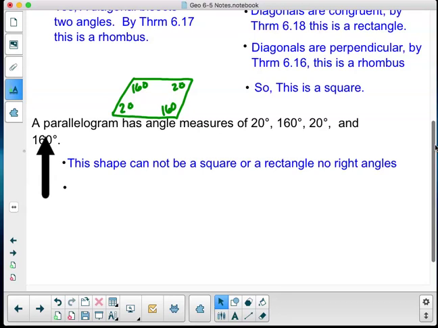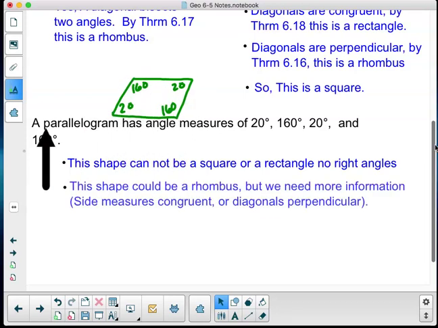But, no buts. I don't know anything about the side measures. I don't know anything about the diagonals bisecting or being perpendicular. So this shape could be a rhombus, but we need more information: side measures congruent, diagonals perpendicular.